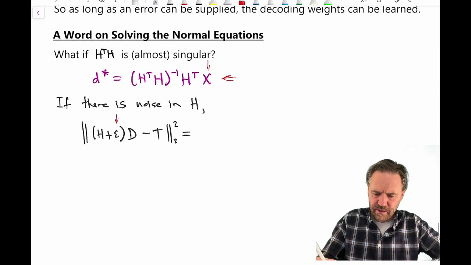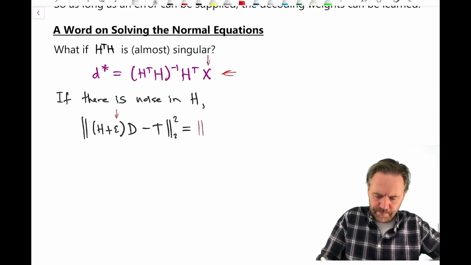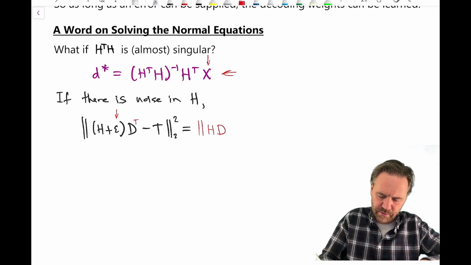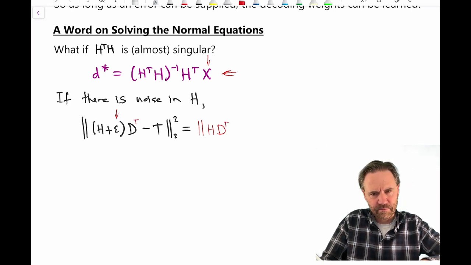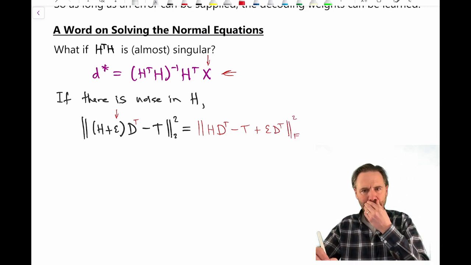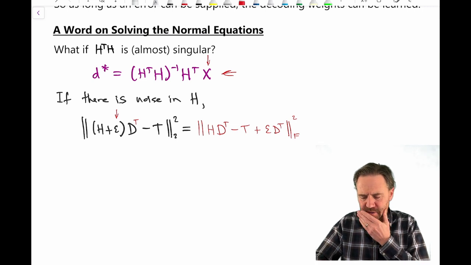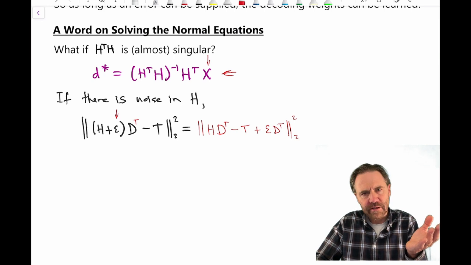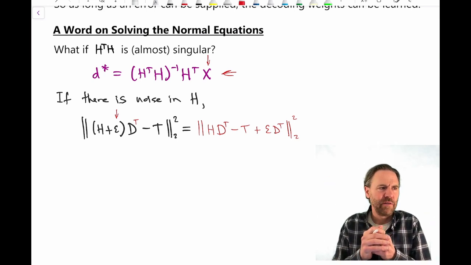So I can rewrite that as (H + epsilon) D transpose minus T, Frobenius norm squared. Let's just say the two norm. Let's just say we're talking about vectors here, and all the same stuff applies whether we're doing Frobenius norm or not.